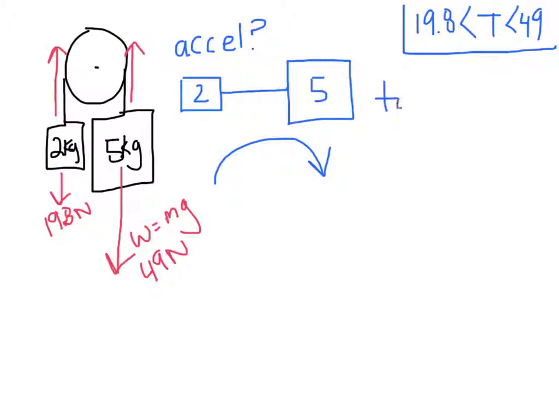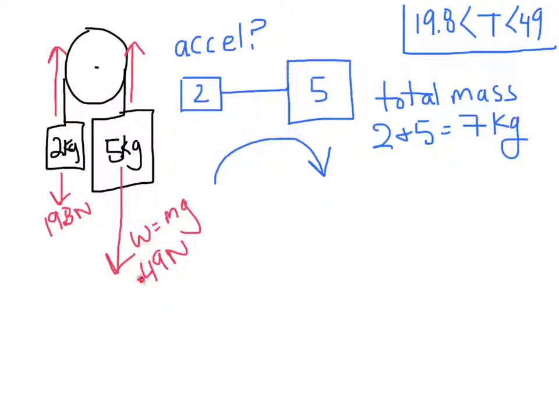So the total mass being accelerated is 2 plus 5, 7 kilograms. Okay? And the net force acting on that total mass, the tensions cancel out, the net force is this minus this. Because this force is greater, we know that it will accelerate in this direction.